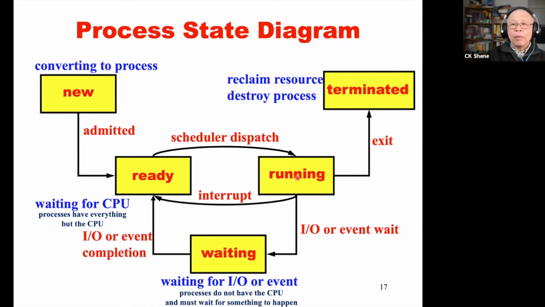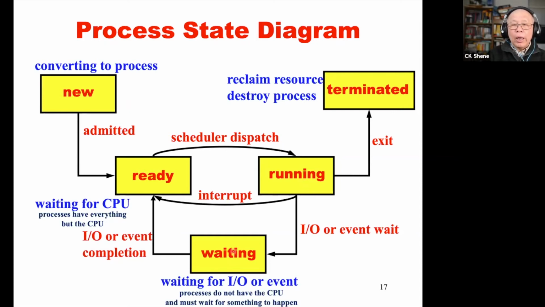So in this case, the running process is going to wait for an event, and this process will be moved to the waiting state. A process moved from the running state to the waiting state doesn't have the CPU, of course. In addition to the CPU, that process waits for something else, an event.